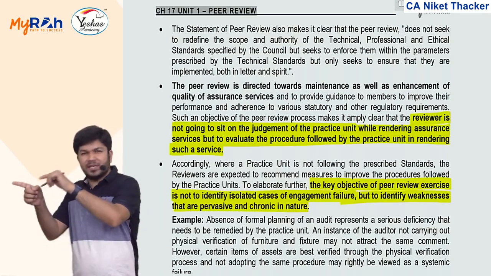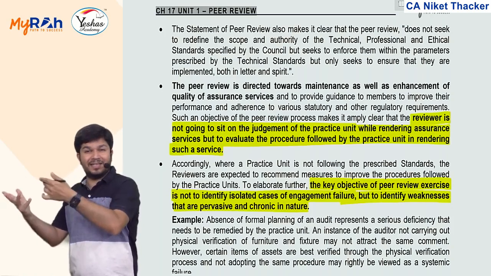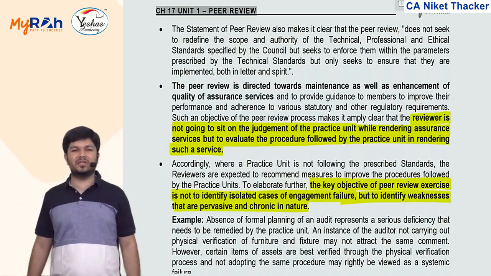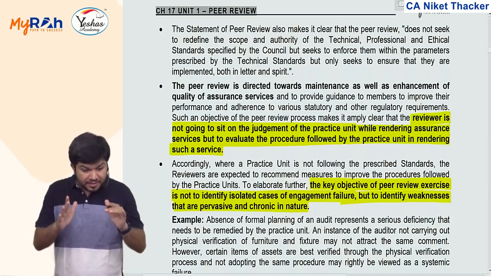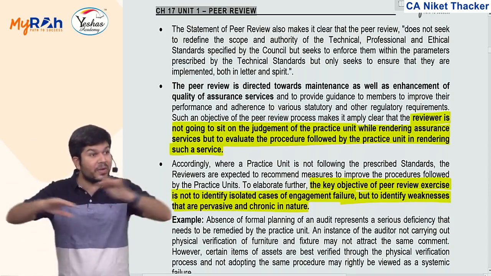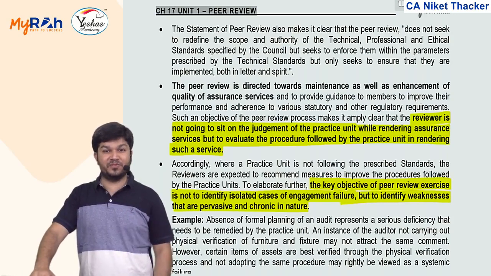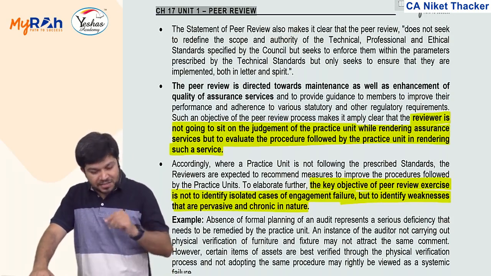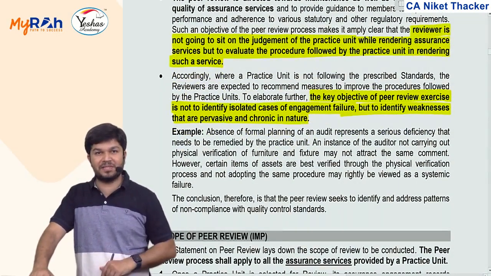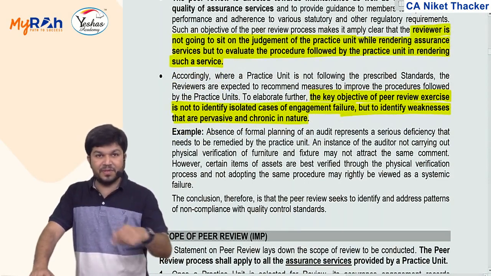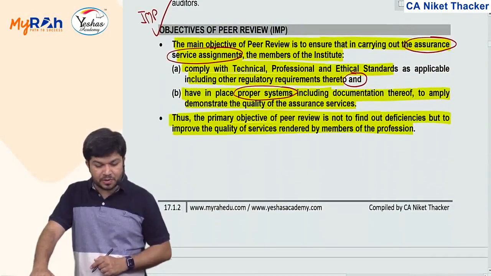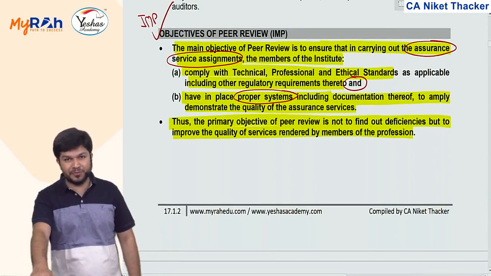One time physical verification we did not attend, they do not look at that. They see weaknesses which are pervasive. We never do planning for any audits. That's a problem. Similar example is given. So this is your objectives of peer review.